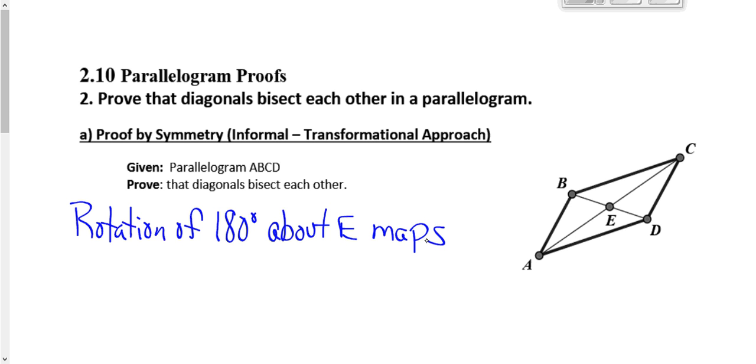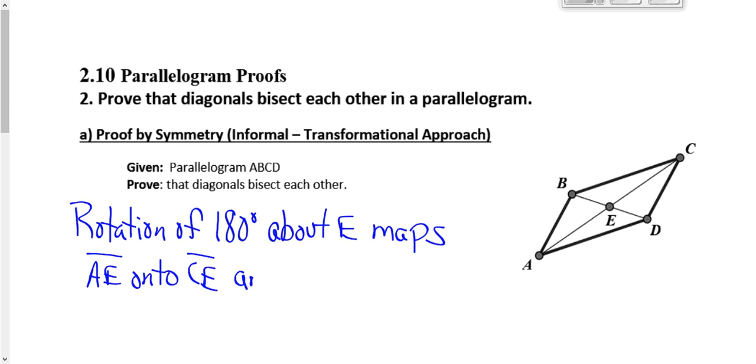AC? No. AE needs to map onto what? You follow me? Because we need these congruent, don't we? So rotation maps AE, not AC, AE onto what? CE, whatever.